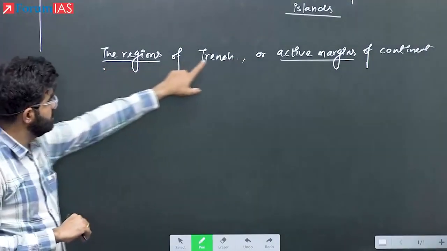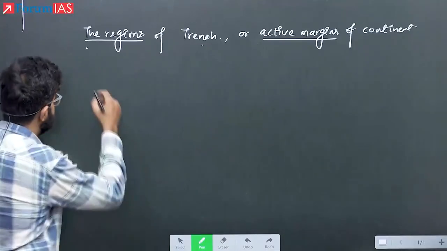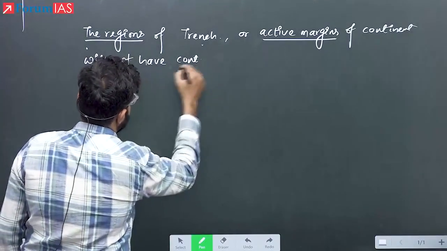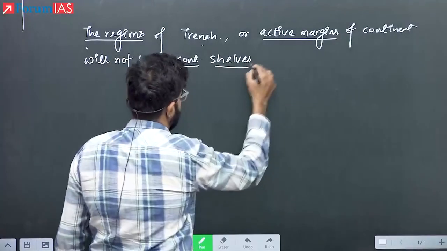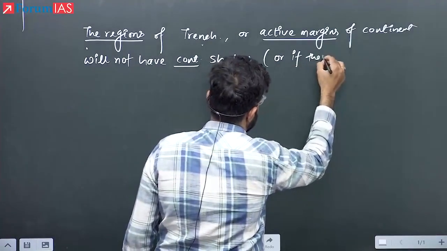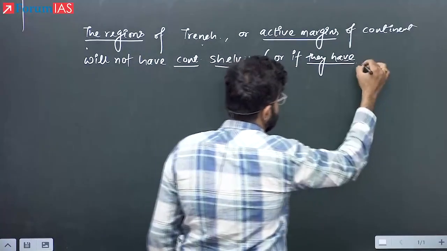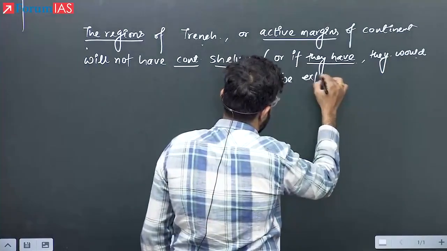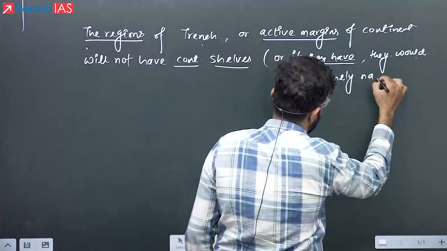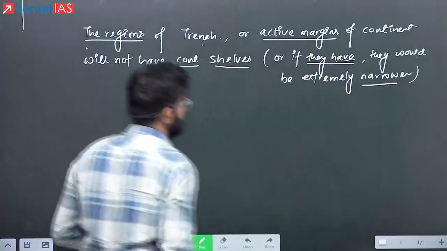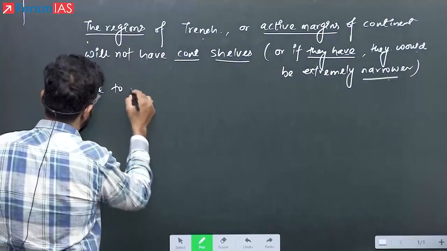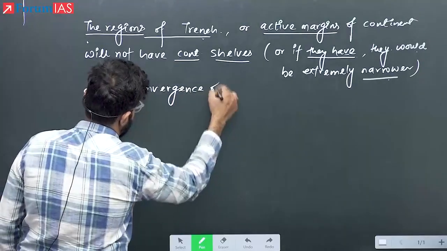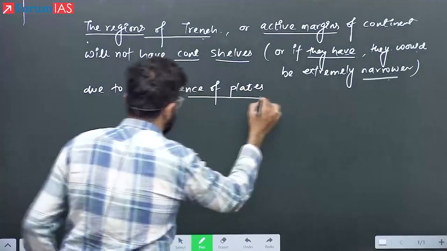They can give you the regions of the trenches or the active margins of the continents will not have continental shelves, or if they have, they would be extremely narrower, due to convergence of plates. Example.